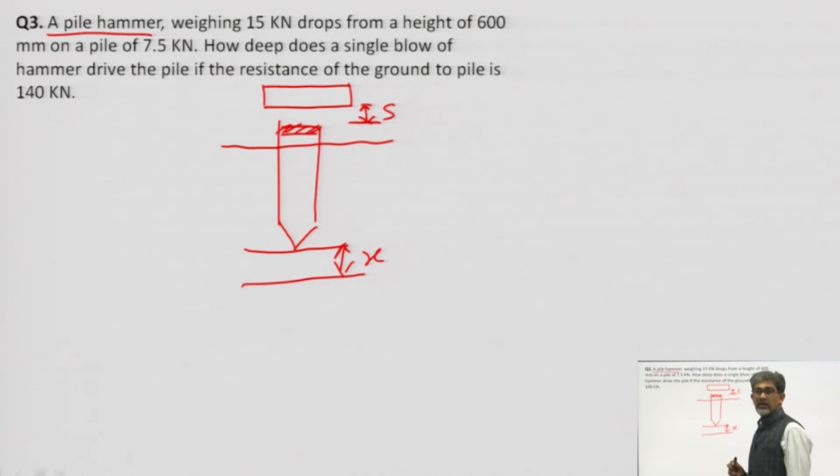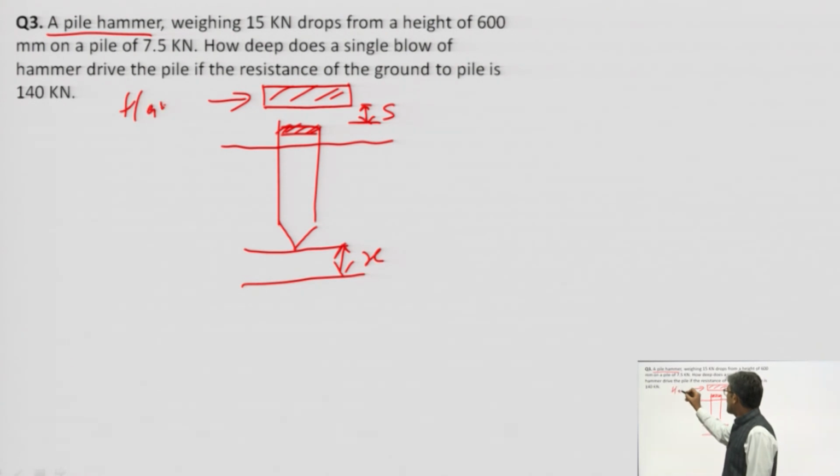During this process, when this hammer reaches the cap, what is the velocity? If the fall distance is s, then the velocity v is equal to under root 2 g s.